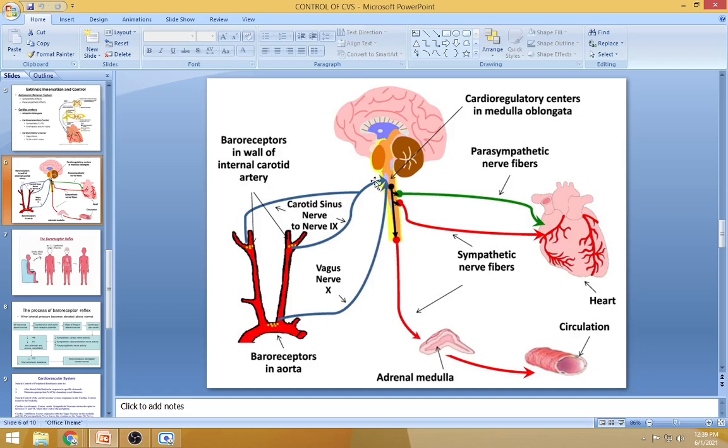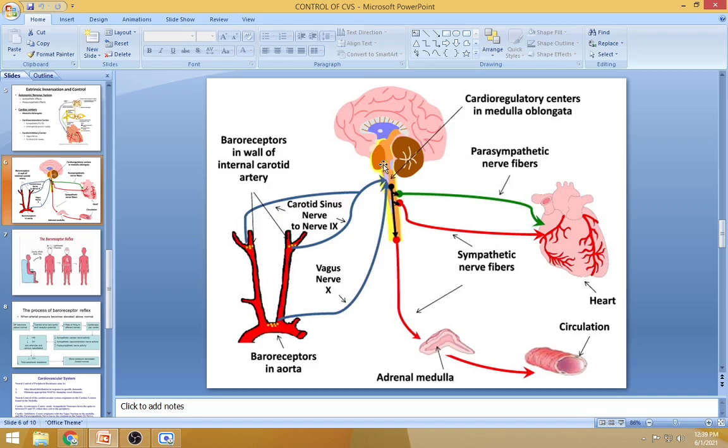When this impulse activates the nucleus tractus solitarius, it is relayed to the cardio inhibitory and the cardio excitatory centers in the vasomotor center.